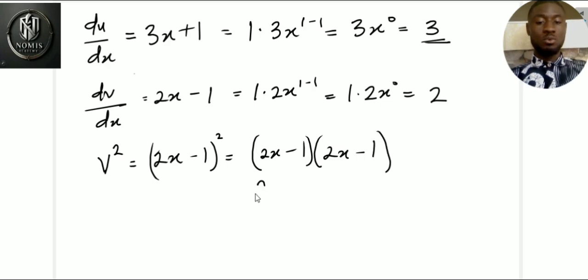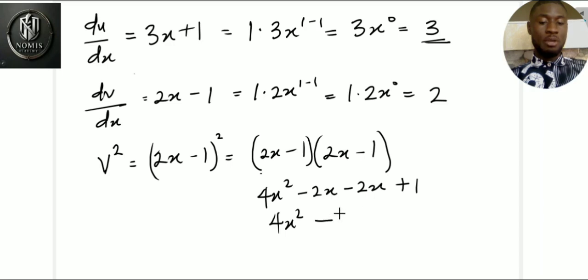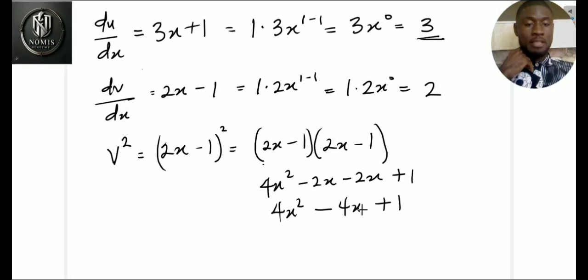If we open it, we have 4x squared minus 4x plus 1. So this is the value of our v squared. Now let us put all these values back into our initial formula and then simplify.